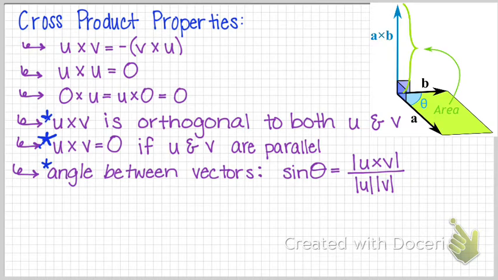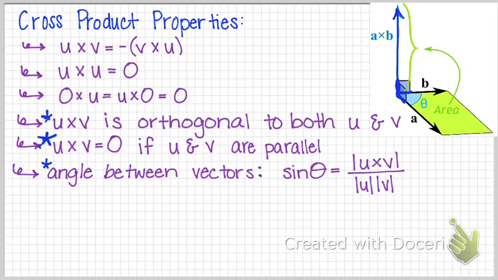Another big thing, probably the biggest thing, is that the cross product is orthogonal to both of the vectors that we were given. Over here, we have vector A and vector B, and you can see this A cross B coming up outside of them is perpendicular to A, and it's perpendicular to B. So it's orthogonal to both of those vectors. That's the biggest part.